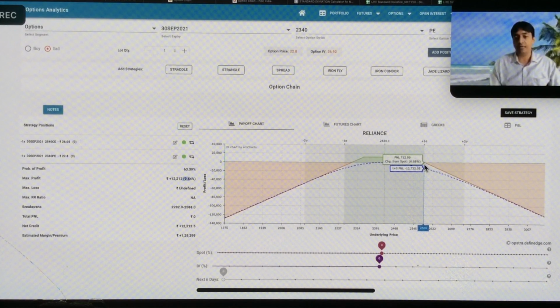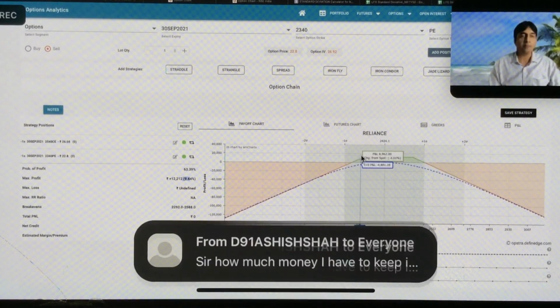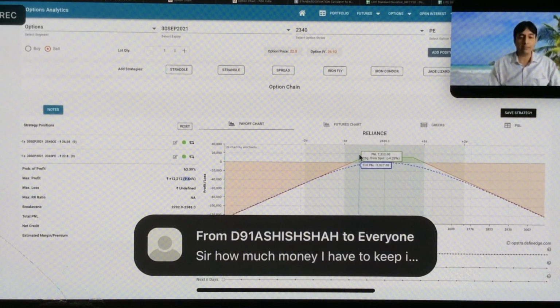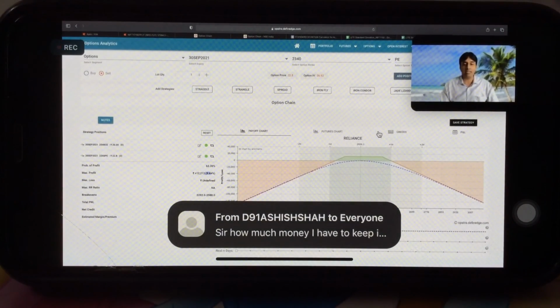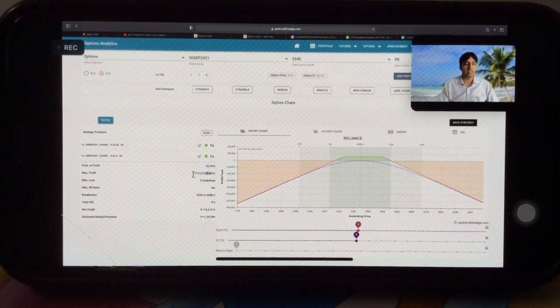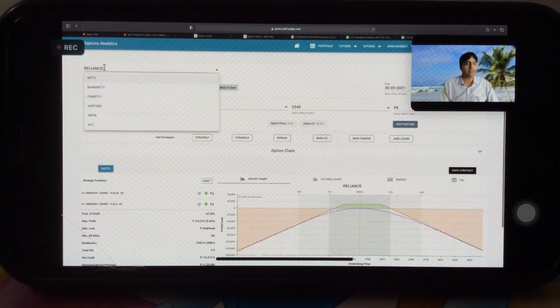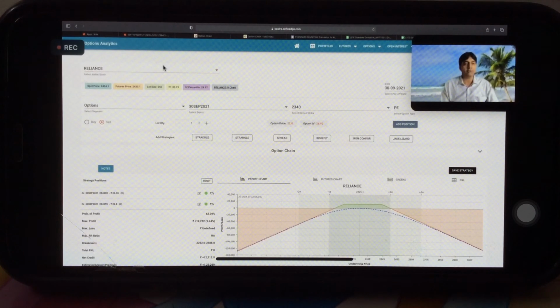So roughly we can say 10 plus percent range is there for how many days are remaining? Maybe 2 weeks working days if we consider, right? 2 weeks if Reliance remains in this range, then we can get 9.4% return, right? So on Opstra you can do all the permutation and combination and check for all the stocks and indices, whichever you want. Clear?